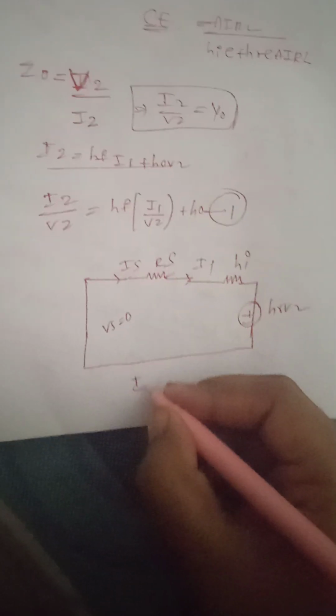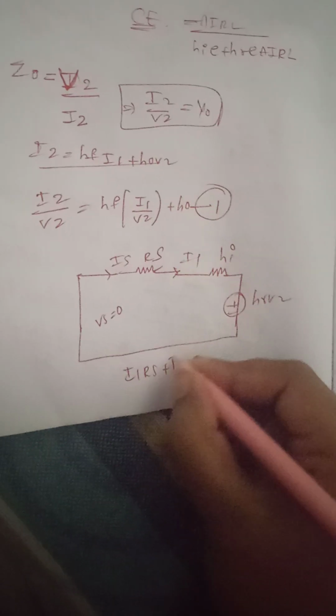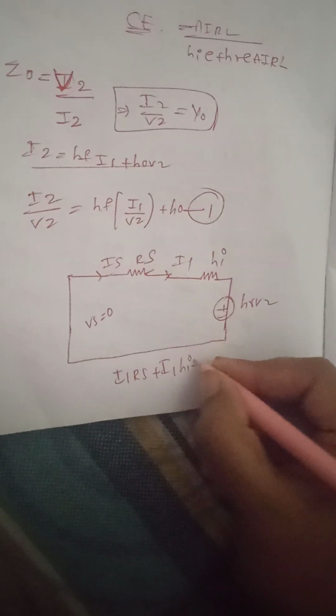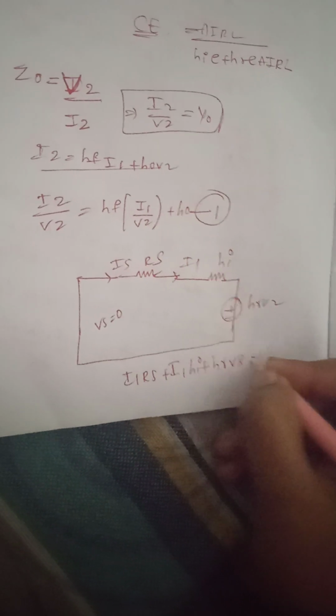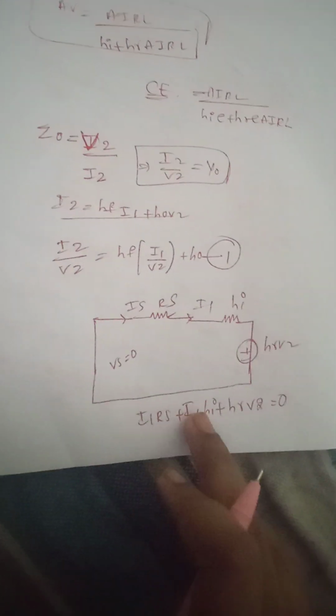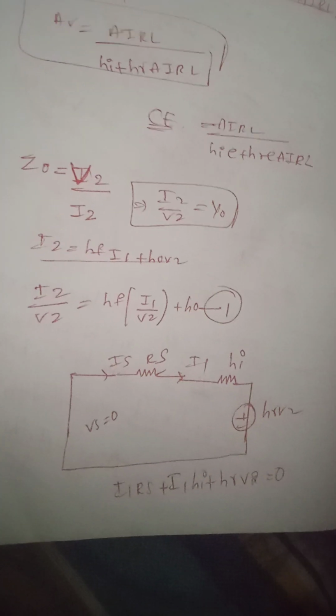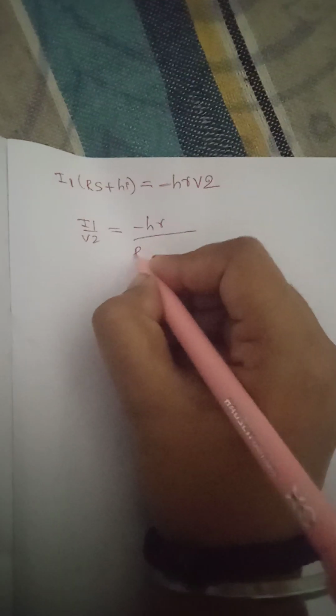From this diagram we can write I1 into Rs plus I1 into Hi plus HRV2 is equal to 0. From these both terms take I1 as common: I1 into Rs plus Hi, and now you get minus HRV2. Take V2 that side: I1 by V2 is equal to minus HR by Rs plus Hi.